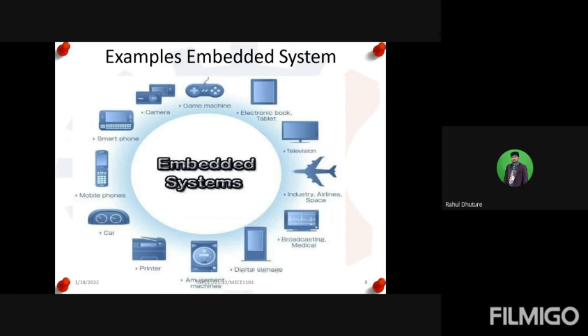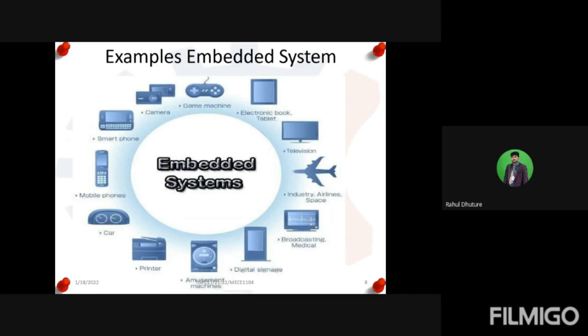The camera, video games, printers, any kind of application, we have to use the embedded system. So everywhere we can use the embedded system, and you should keep in mind that the embedded system is used everywhere. Without embedded system we cannot perform any kind of task.